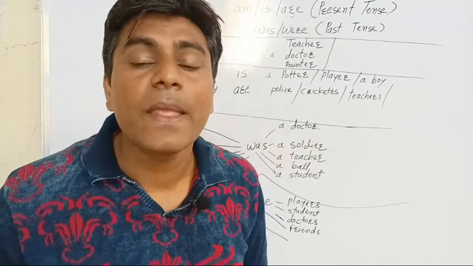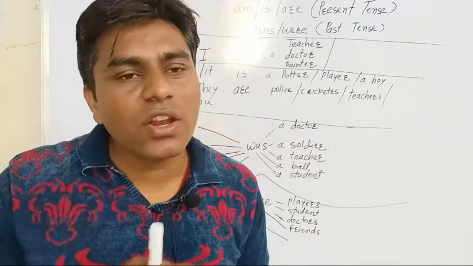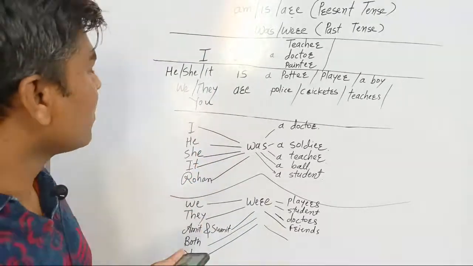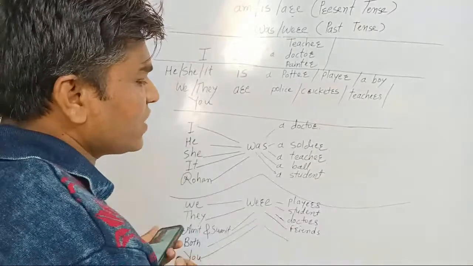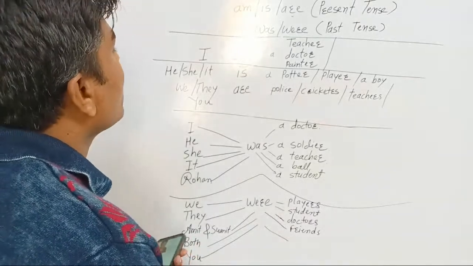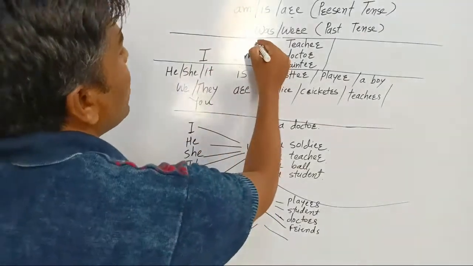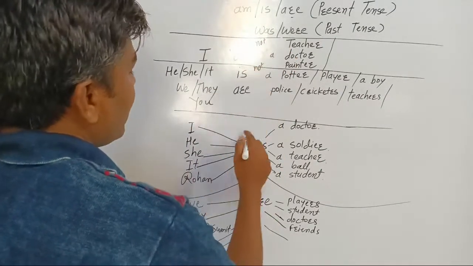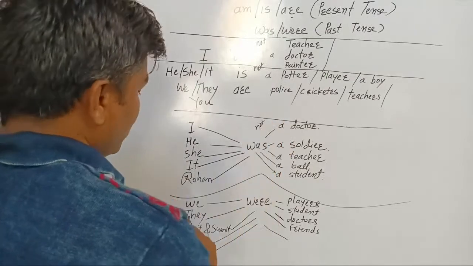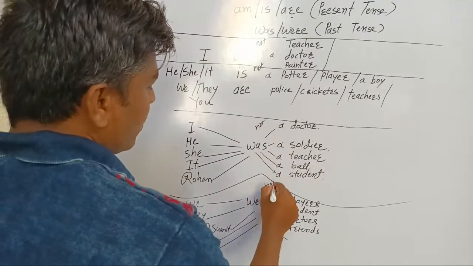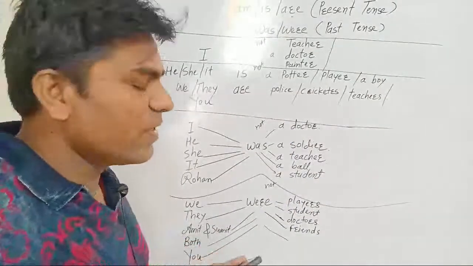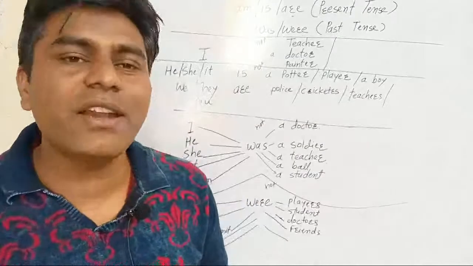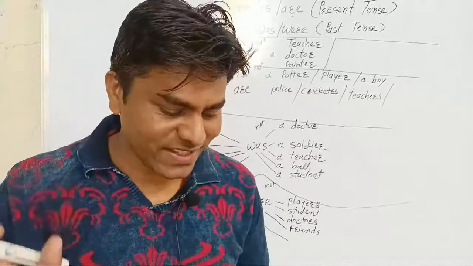Then, try to convert them into negative by using not. Here, I was not, so you just put the word not there. Here you can use I'm not, he's not. Then here you can use I was not, we were not. So by using the negative word not, you can make the negative sentences.